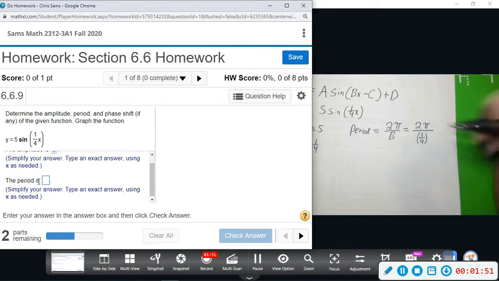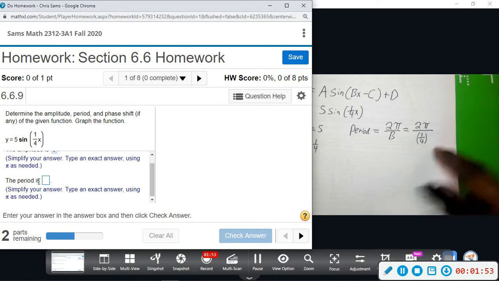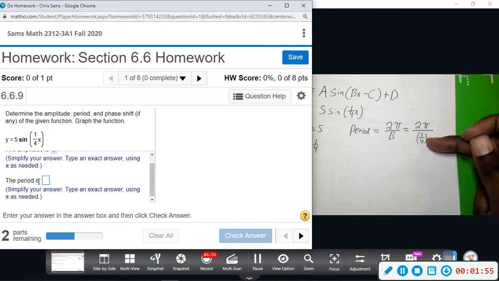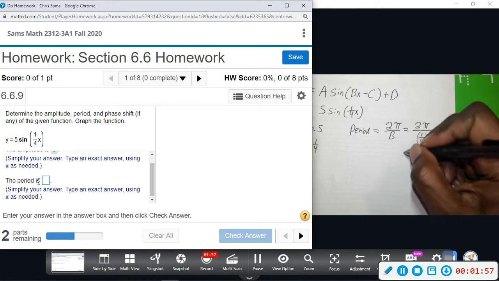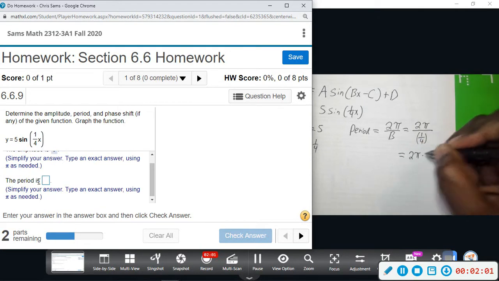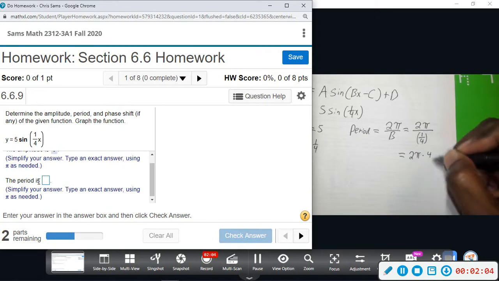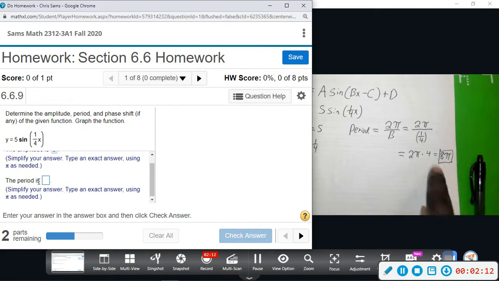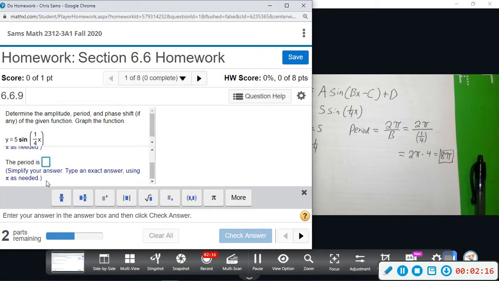There's no such thing as dividing by fractions. You do keep, change, flip. So this is the same thing as saying 2 pi times 4 over 1, or just 4. So we get a period of 8 pi, by doing that transformation, 2 pi divided by b. So the period is 8 pi.